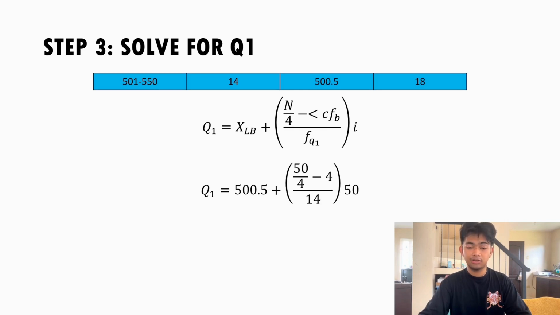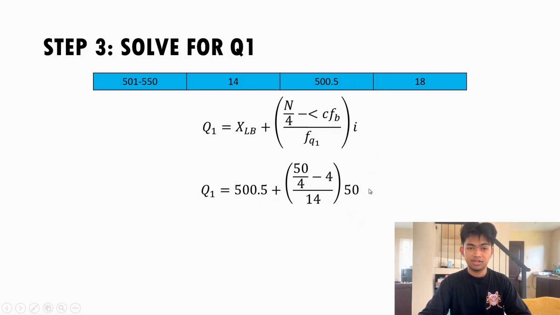Now how did we get to 4? You just need to subtract the cumulative frequency by the frequency of the data. So 18 minus 14 equals to 4. That's how you get the less than cumulative frequency. Now, it's then divided by the frequency of Q1, which is 14, times the class interval of 50.